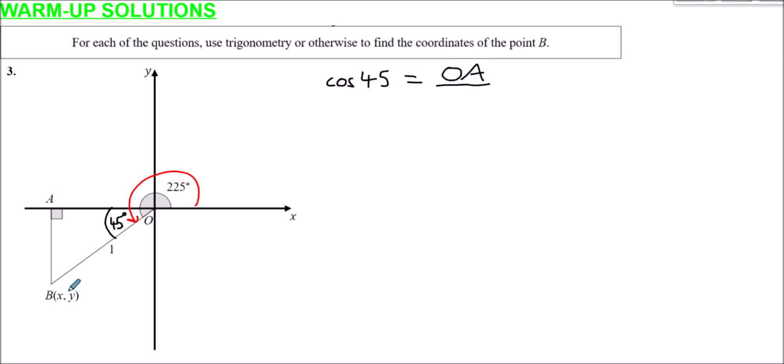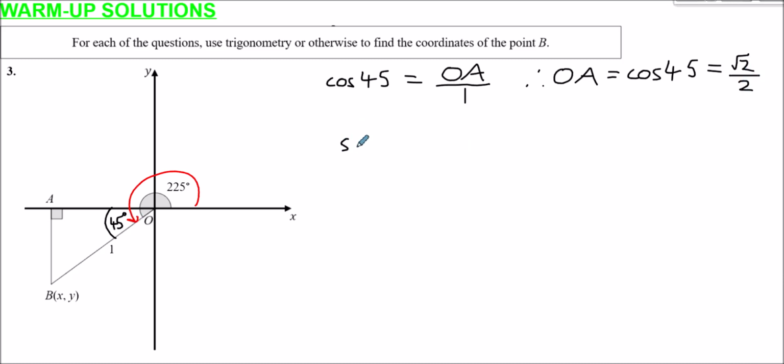So the point B for all of these warm-up questions has a distance of 1 away from the origin. So therefore, we don't even need to rearrange this. OA is just cos 45. So you can try this on your calculators. You should agree with me here that cos 45 is root 2 over 2, which is the same as 1 over root 2.